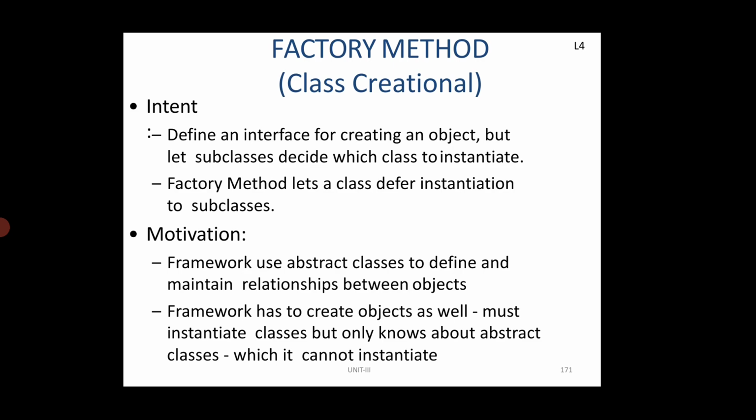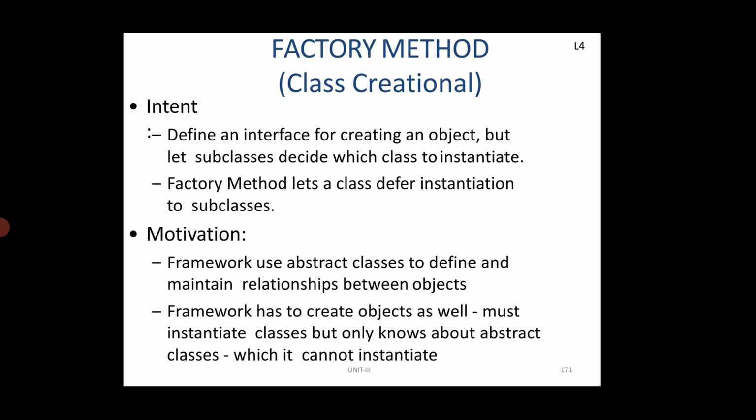Coming to the motivation of this concept, a framework is like a template. We use abstract classes to define and maintain the relationships between objects. So the framework has to create objects as well.